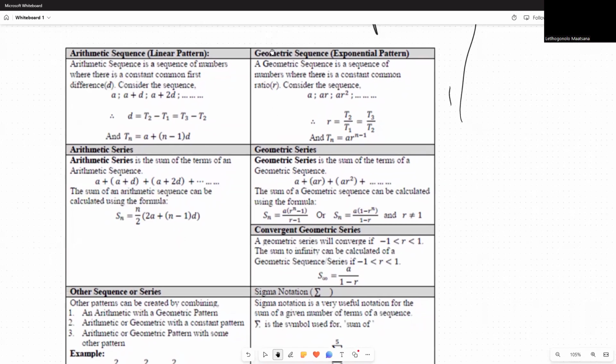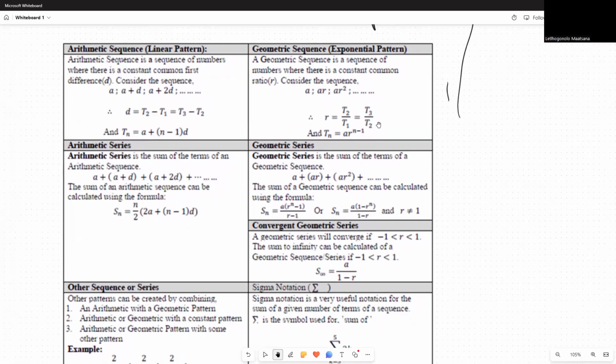We also have our geometric sequence, which we call our exponential pattern. The geometric sequence is a sequence of numbers where there is a constant ratio between them. So it normally goes a, then a multiplied by r, which is the common ratio, and then the next one would be ar to the power of 2.